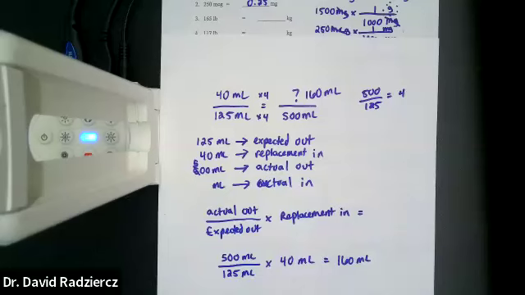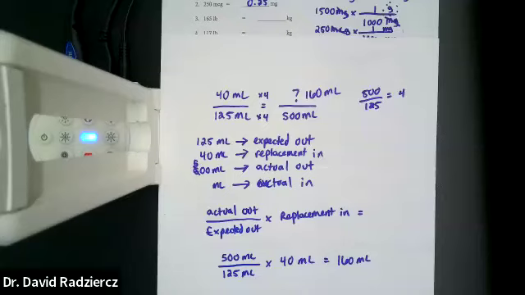Dividing them always helps you find the same relationship between them. You're just looking for the relationship between the two numbers. If that number is going to get bigger, then you multiply by 4.